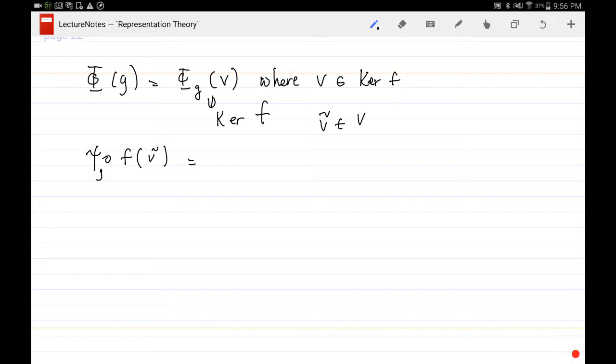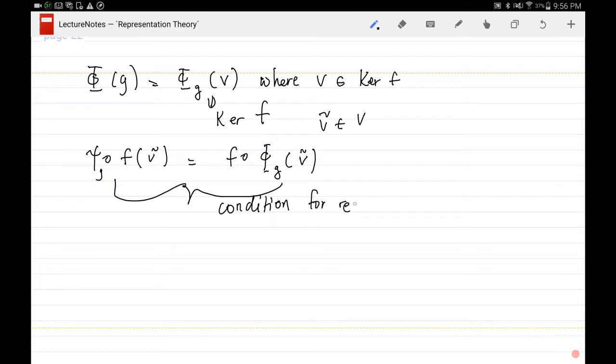That's the same thing as saying that I have the representation phi that acts on v twiddle, and then F acts on the result. So this was our definition of a representation homomorphism. So this is the condition for representation homomorphism.